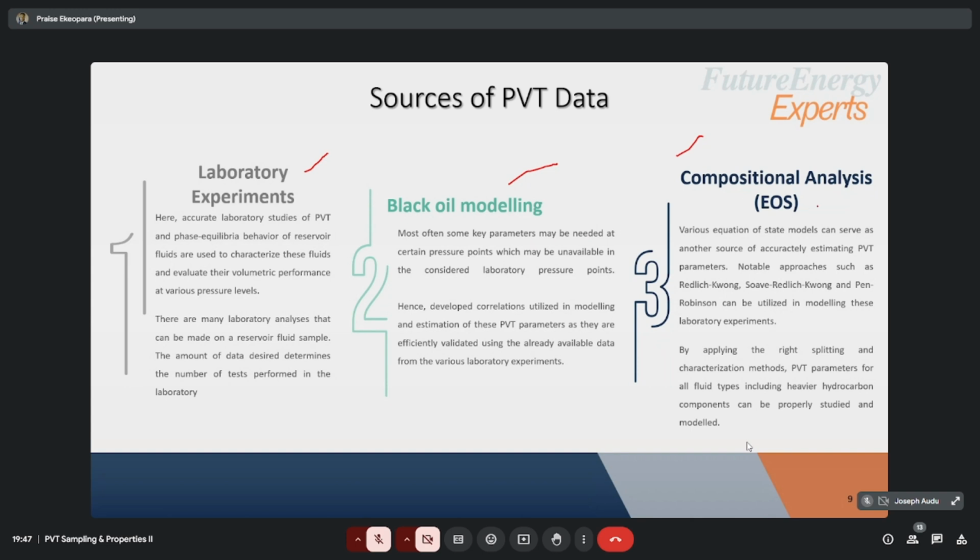Then we have the compositional analysis method. Now, the lab and the black oil modeling that I have been talking about, especially the lab, are about describing fluid samples. All those lab experiments are done in terms of analyzing the change in volume of our fluid sample with respect to pressure, right?